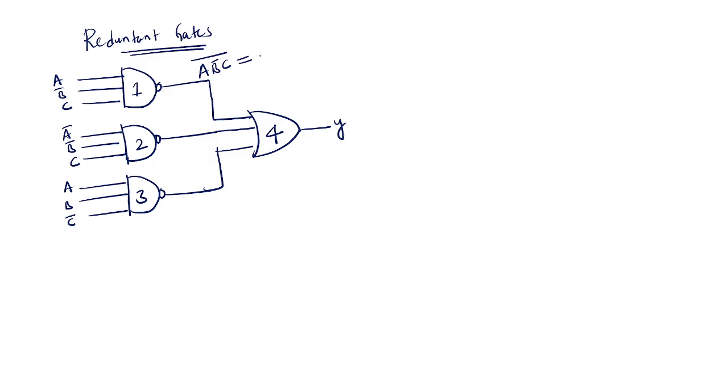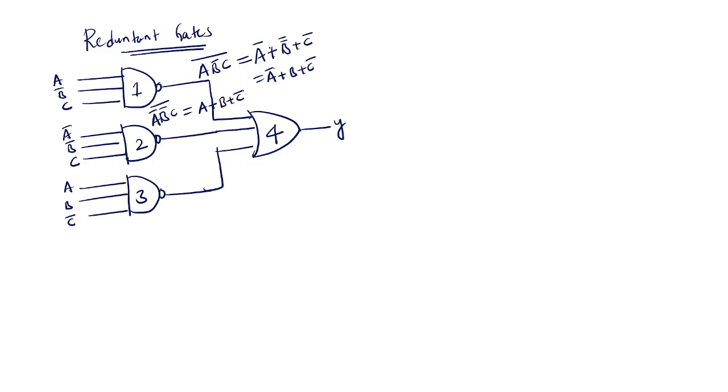So if you apply De Morgan's law, what you are getting? A bar plus B bar whole bar plus C bar. Okay. So if you write A bar plus B plus C bar. Okay. Next, this one if you write, so this is A bar, B bar, C whole bar. So this if you write A plus B plus C bar.